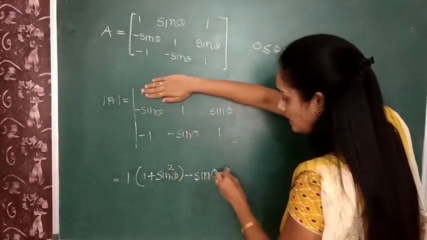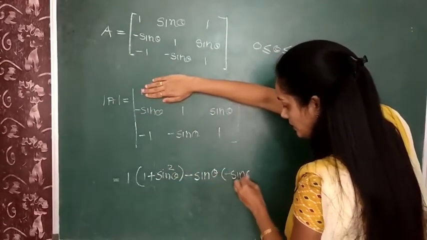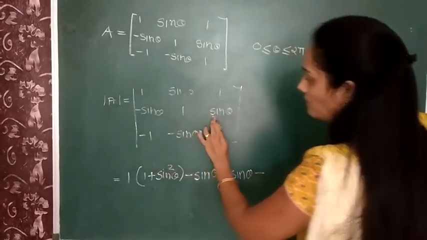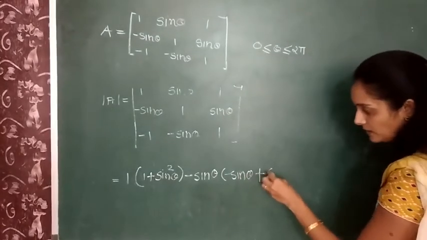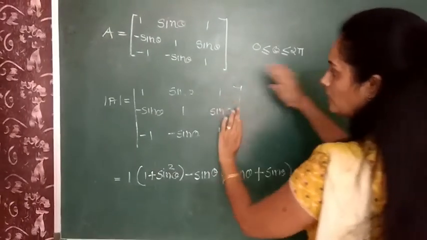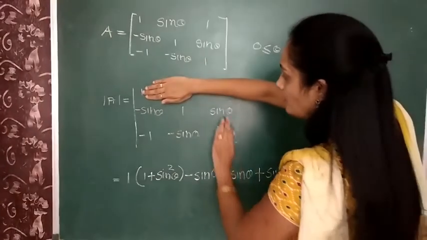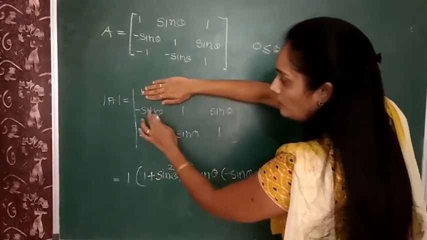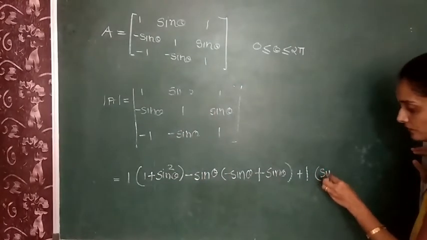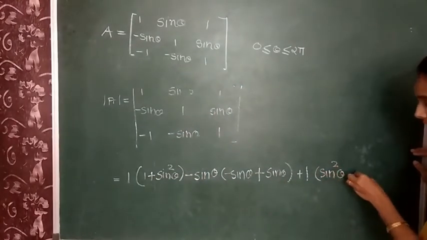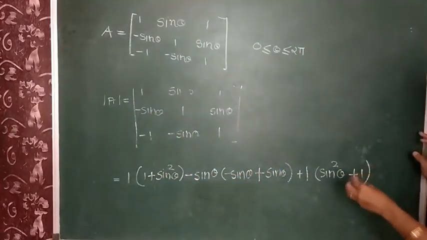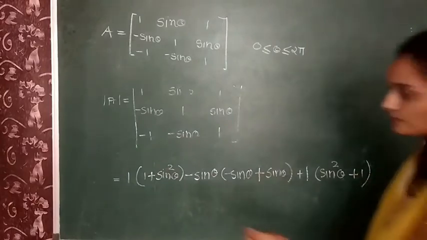So minus sin theta into 1 minus sin theta into minus 1, so minus sin theta; here plus sin theta. Plus 1, we hide 1, that means first row, third column. So minus sin theta into minus sin theta, so sin square theta, minus 1 into minus 1, so here plus 1.